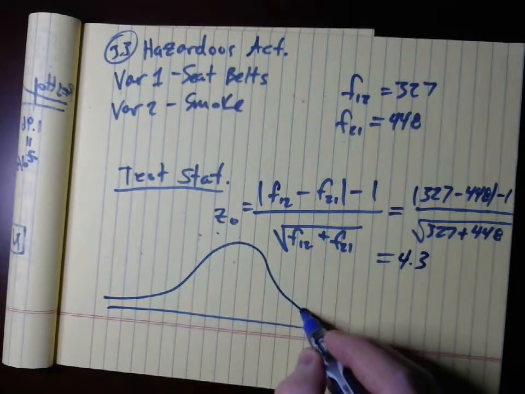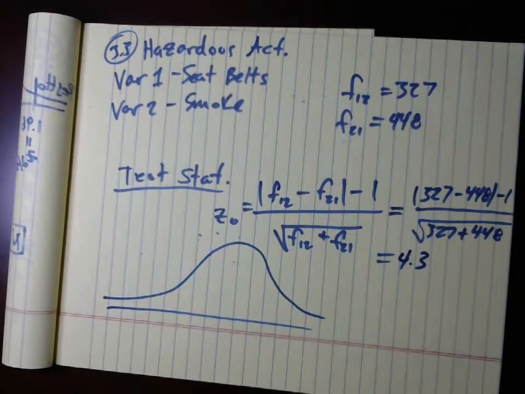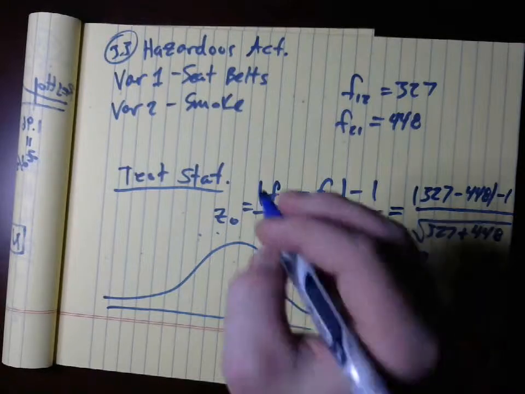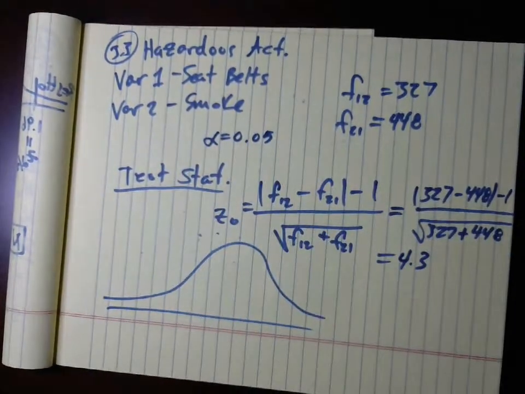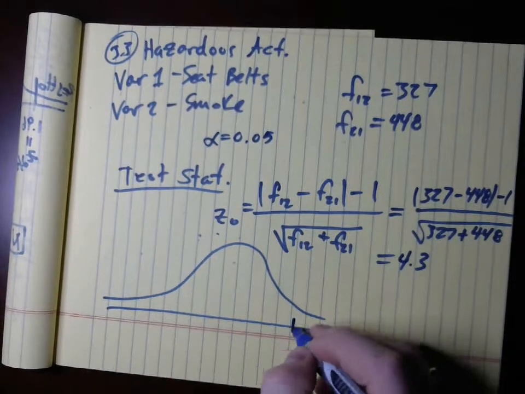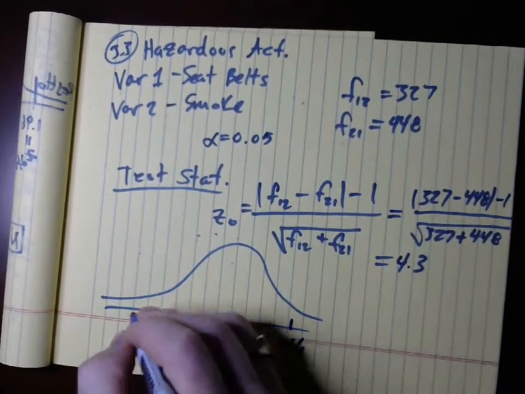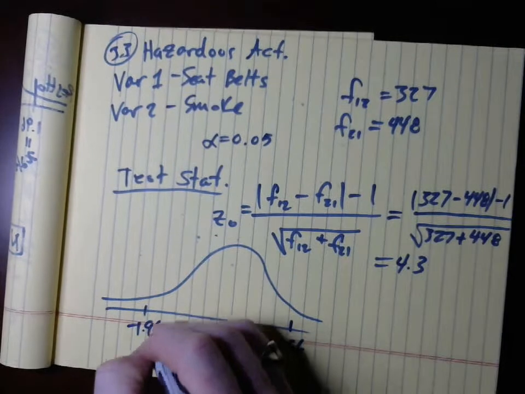And what is our level of significance? Our level of significance for this problem is alpha equals 0.05. And since we're doing not equal, we would have 1.96 and negative 1.96.